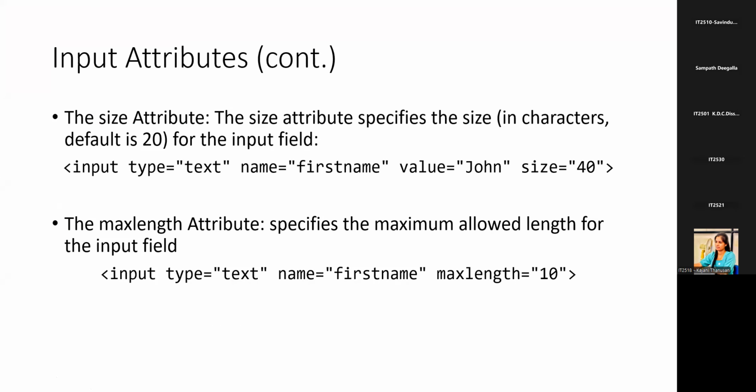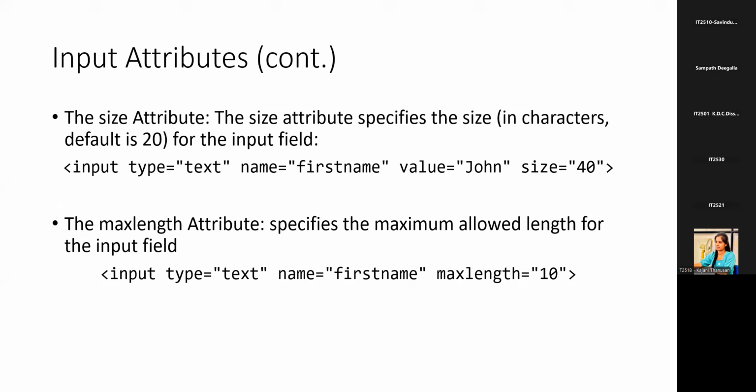Right. Then further additions, input attributes, you can specify the size. Ideally, the default value is 20, but you can make it 40. Or you can decide on maximum length. Now, for example, telephone number, we can say max length is 10, right?